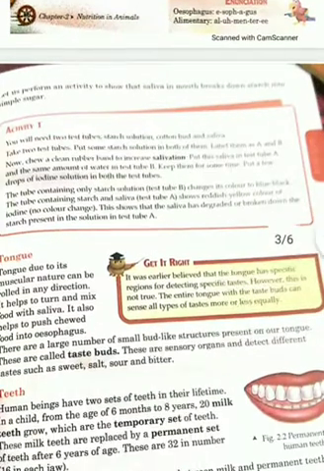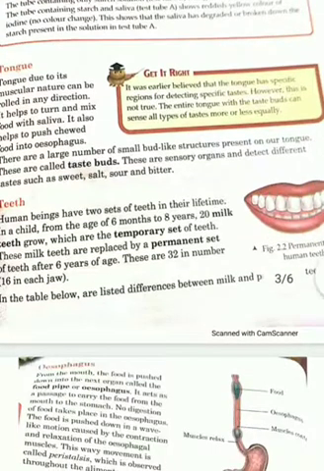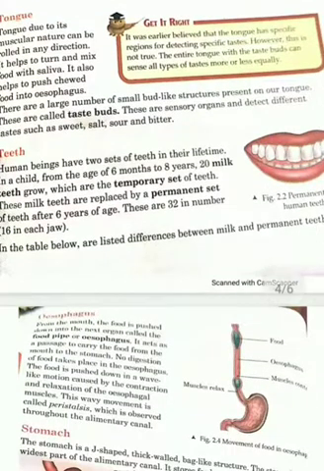Then if we talk about the tongue, due to its muscular nature, it has the ability to roll in any direction. It helps in turning and mixing the food with saliva, and it helps in chewing also, and the food is transferred to the esophagus from the mouth with the help of the tongue only.